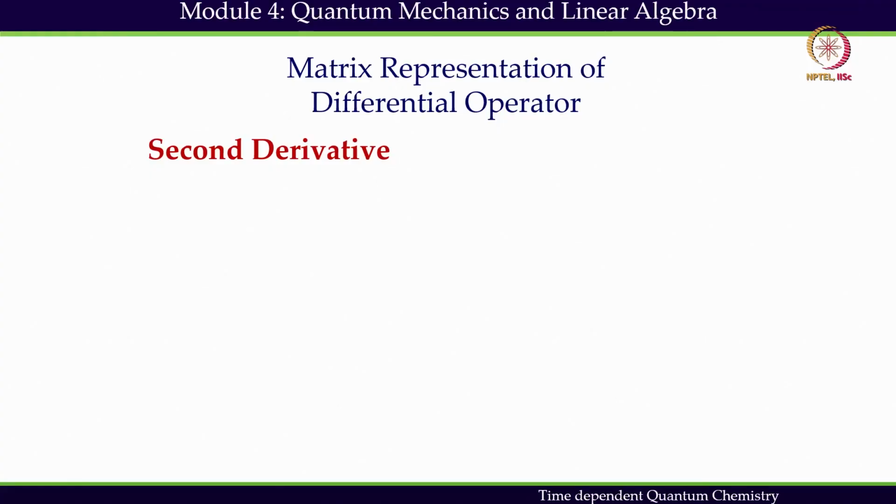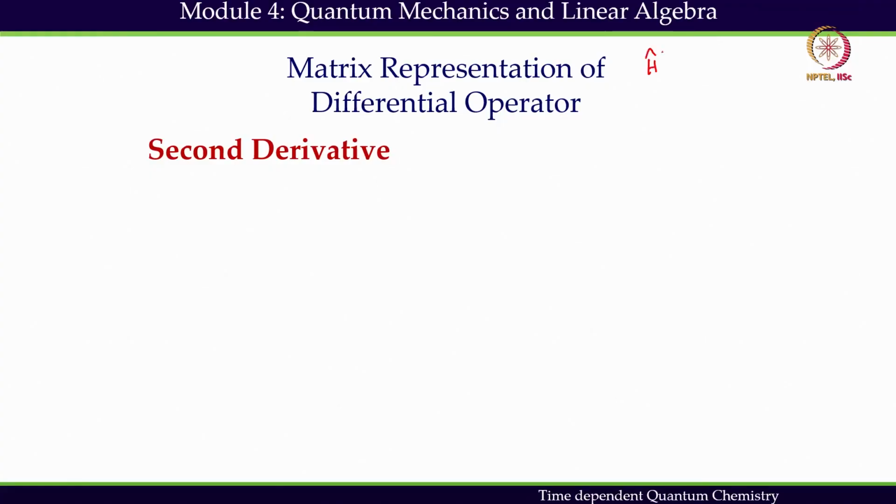To represent the operator, we used a finite difference method for the derivative operator. So far we have seen the first derivative, but we have to remember that the first derivative is not present in the Hamiltonian operator.